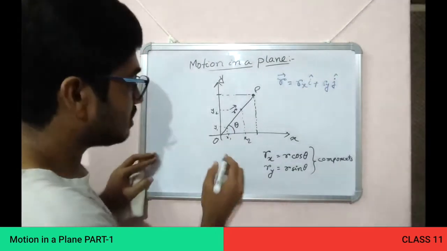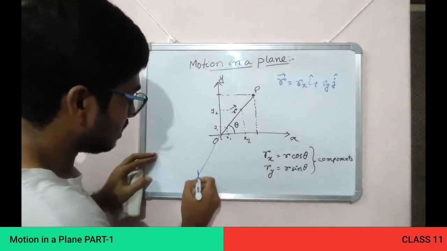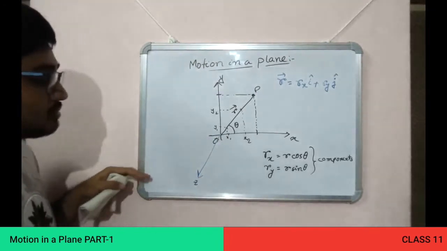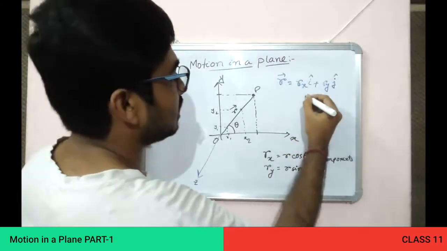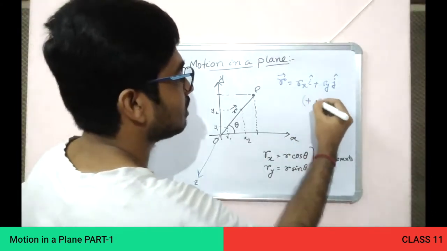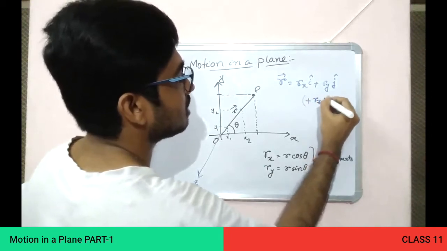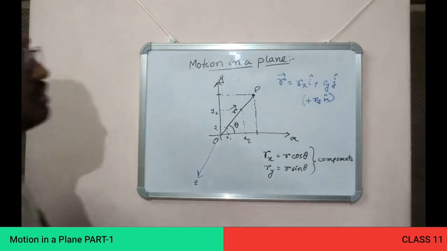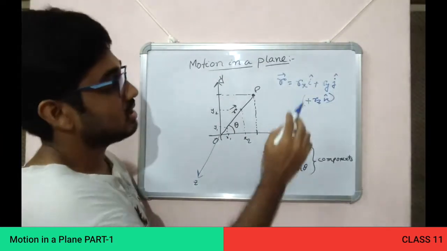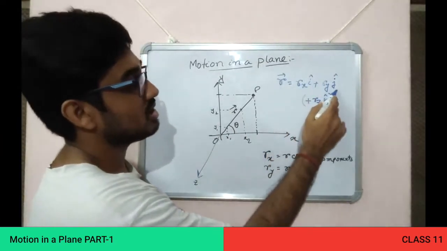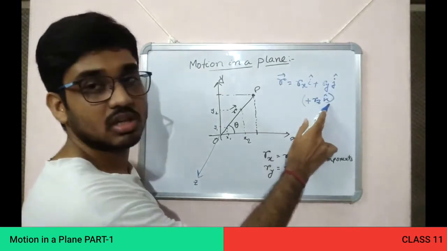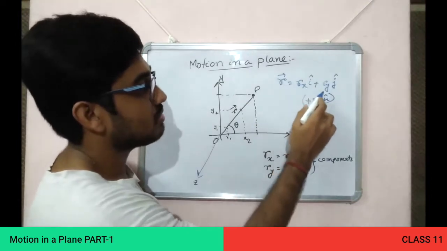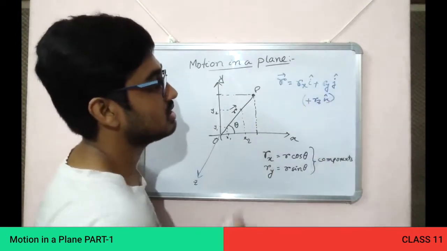And suppose there is a z direction like this. So along x direction the unit vector is i, along y direction unit vector j, and along z direction unit vector is k. So r is written as rx i cap plus ry j cap plus rz k cap.